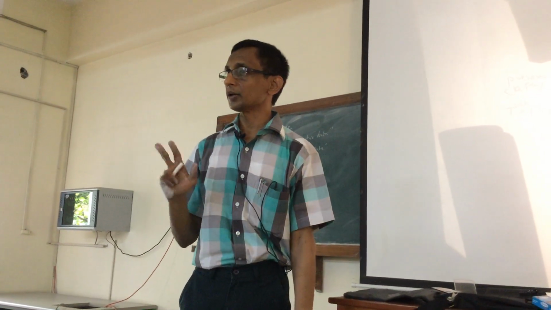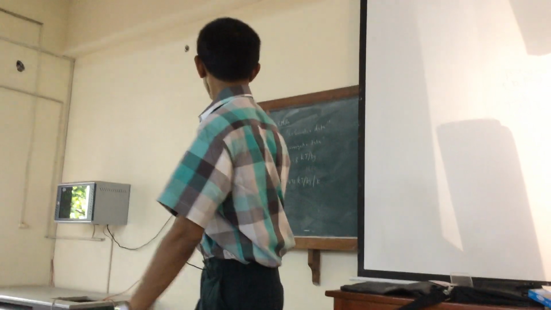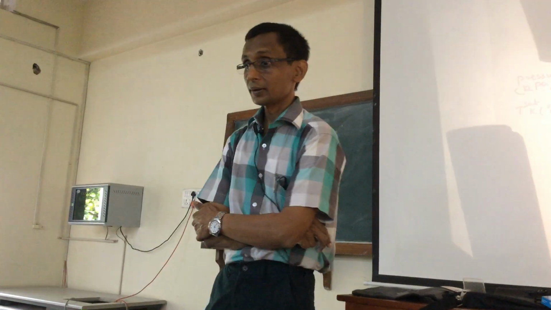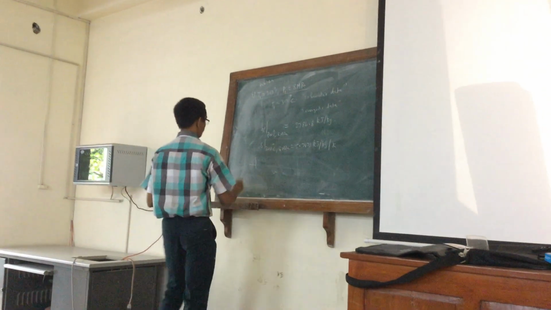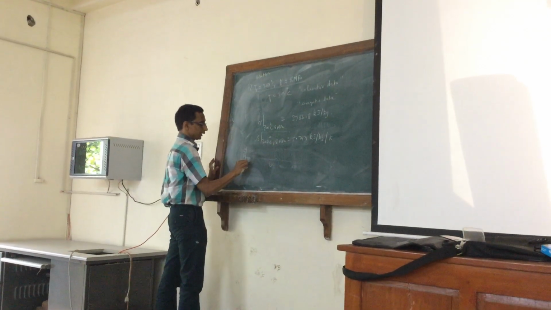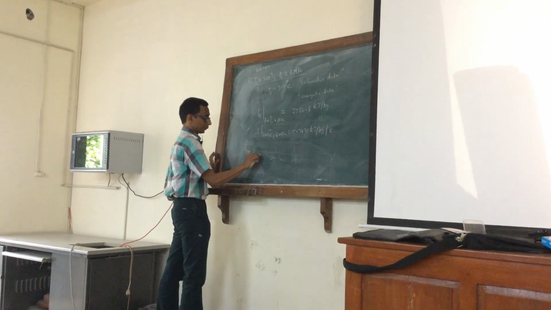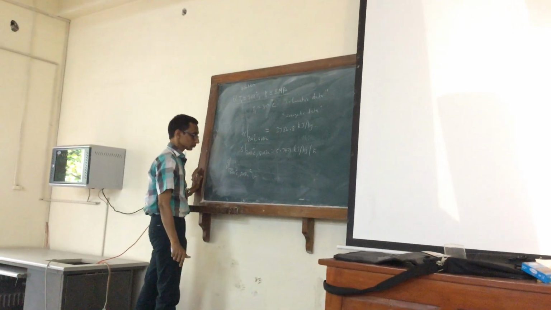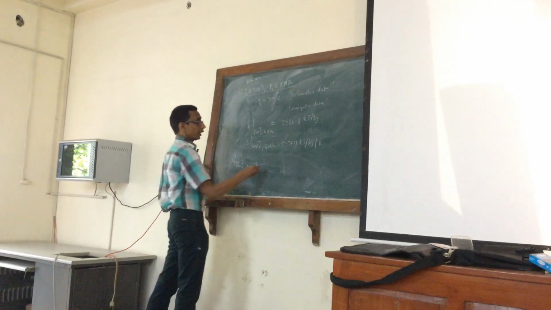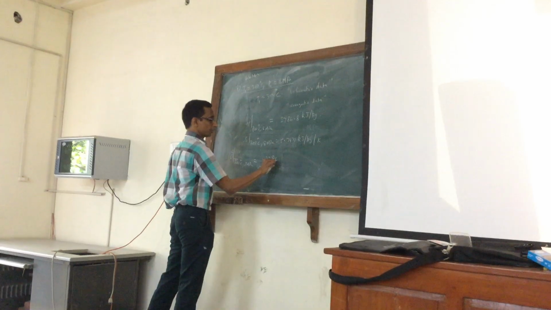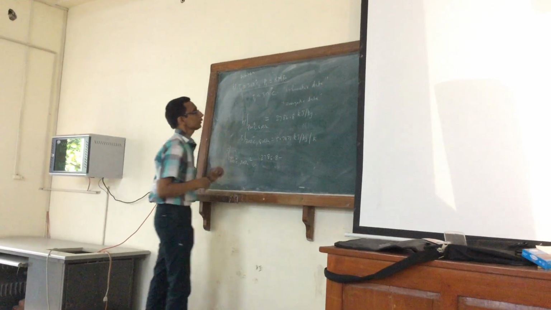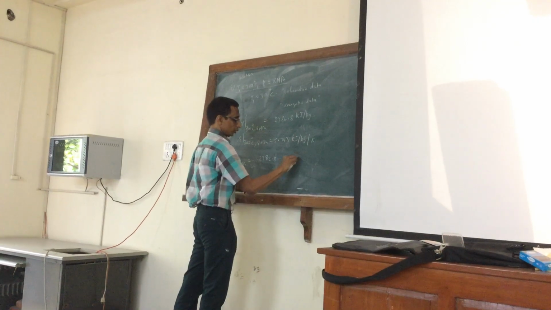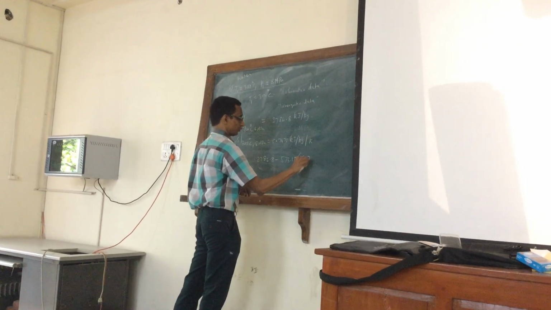So I can calculate now G. How do you calculate G at 300 degrees centigrade and 8 megapascal? H minus TS. So G at 300 degrees centigrade, 8 megapascal is H, 2786.8, minus T, which would be 573.15, times 5.7471.